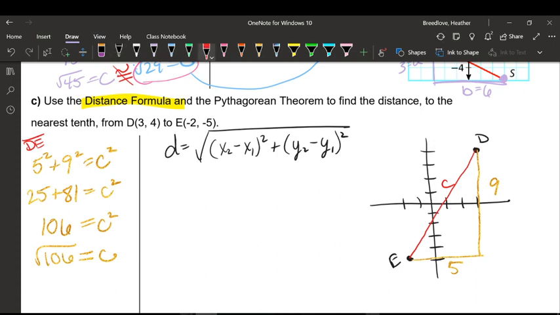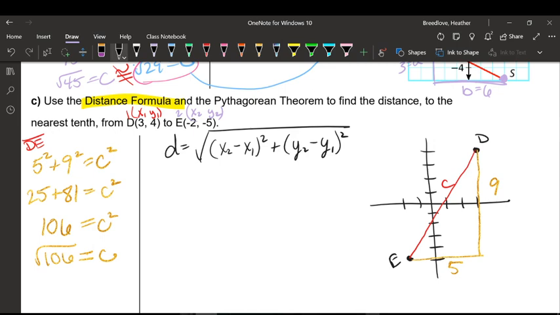All right, so again, I need to label these. At point D, we'll go ahead and call that point 1. So this is x1, y1. And then we're going to call point E point 2. So this is x2, y2. All right, so I like to fill in everything except for my blanks.